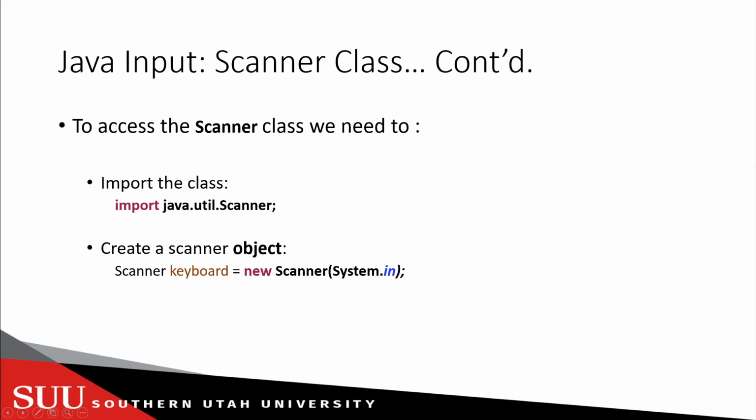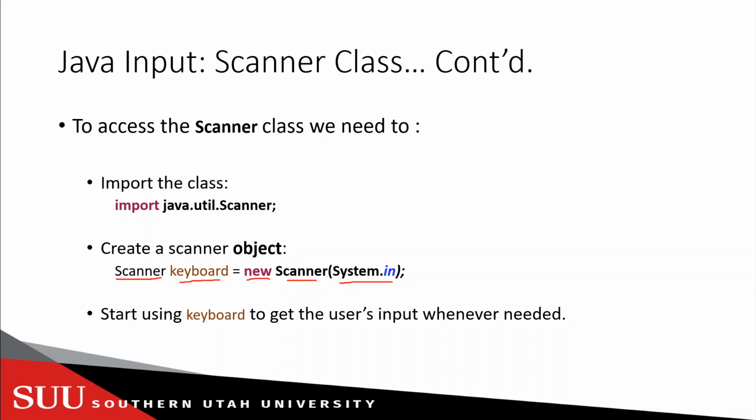Scanner is going to be my variable type, and keyboard is the name. You can call it any name, so I usually call it scn, for example. And this is going to be a new object that I'm going to create. So I will say this is equal to a new Scanner, and within parentheses I have to type in System.in. That means whatever is coming from the keyboard's input.